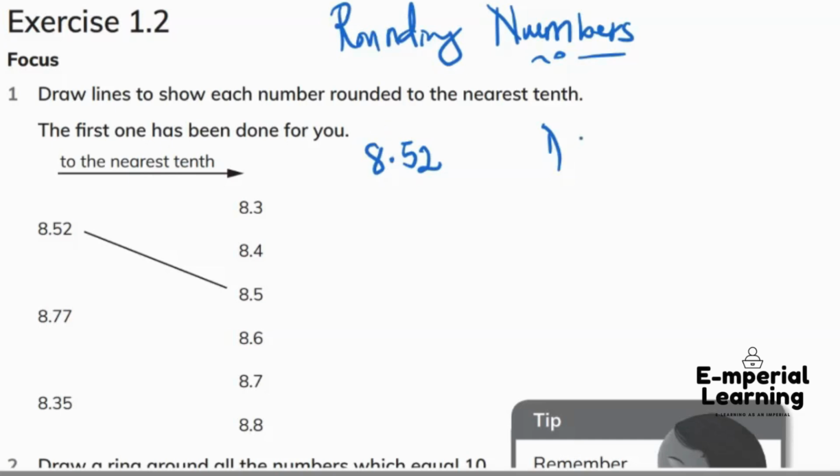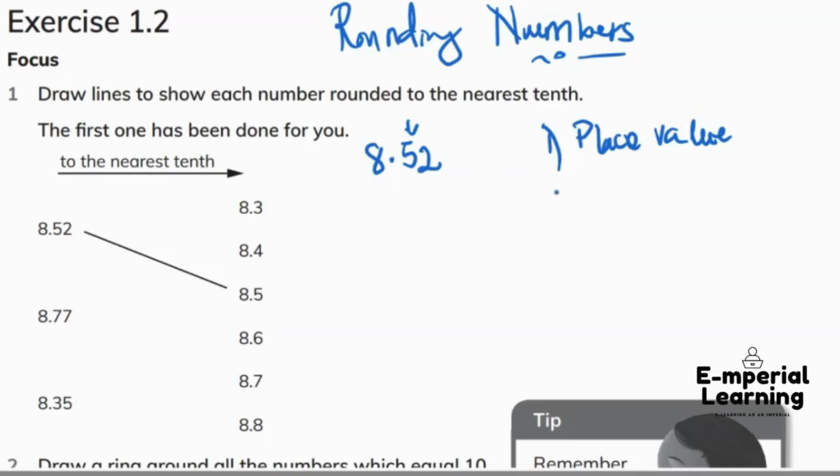So you consider the place value to round to. In this case, 8.52, the place value that was stated is the tenth place, and in the tenth place we have 5.